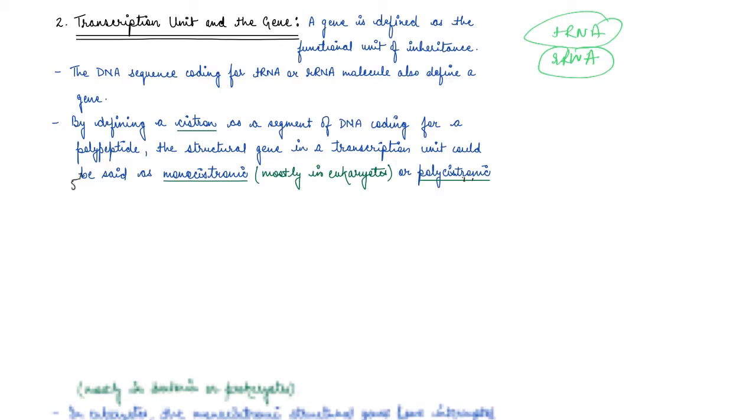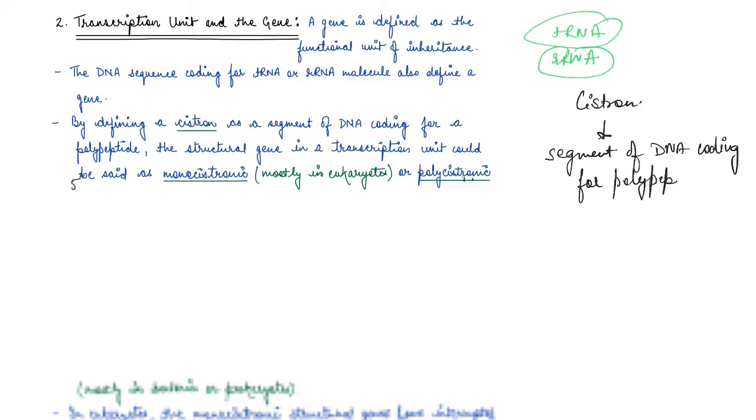But by defining a cistron, and what is a cistron? I'll tell you that. A cistron is a segment of DNA coding for a polypeptide. The structural gene in a transcription unit could be said to be monocistronic or polycistronic.